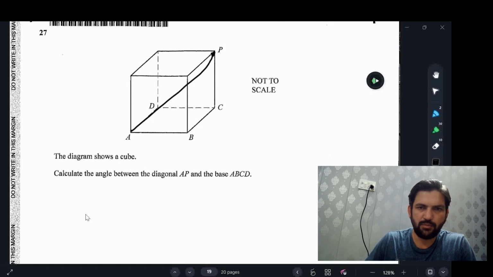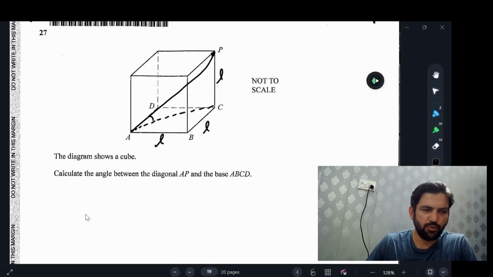This one is a cube, which means that these two lengths will be the same, and this length will also be L.